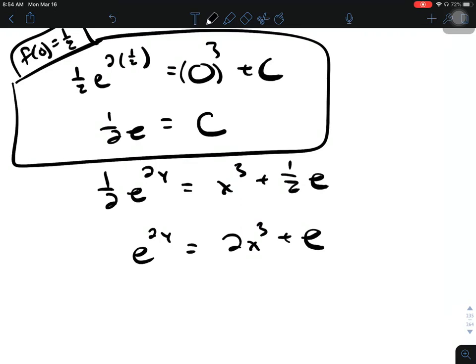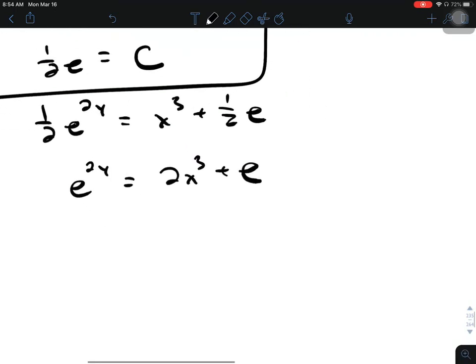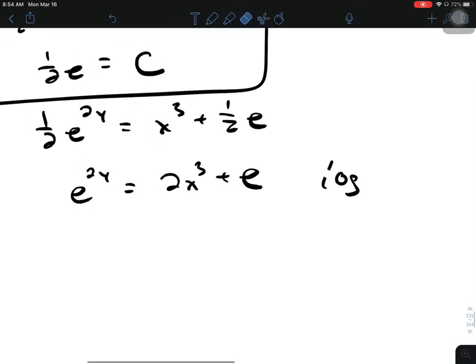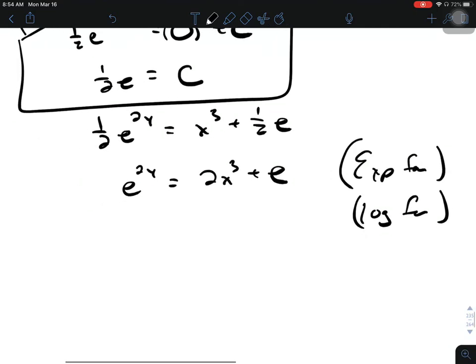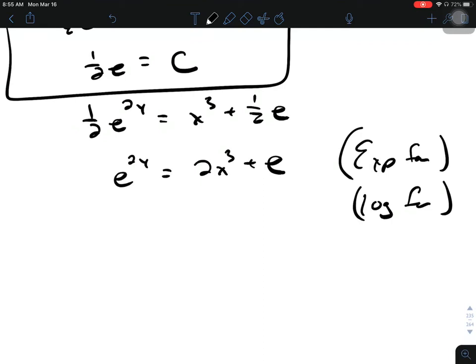Currently this is in exponential form. I'm going to change it to log form. The whole point of logarithms is to solve equations in which the variable is in the exponent. So in log form, this would be log base e, which we would write as natural log, of the argument, which would be 2x cubed plus e, equals the exponent of 2y.